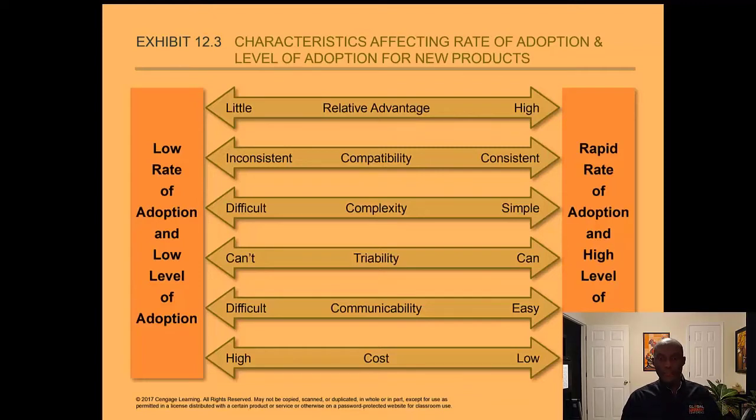Can I test it? Am I able to communicate it through the promotion channels? And what is going to be the relative cost? And so these are going to be the 6 elements. And as you can see, how these are assessed will determine which way you go. Because at one end of the spectrum, you have a low rate of adoption, and those are obviously things that may deter you from entering that market.